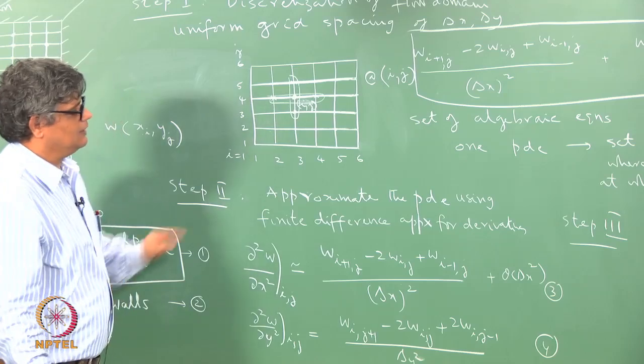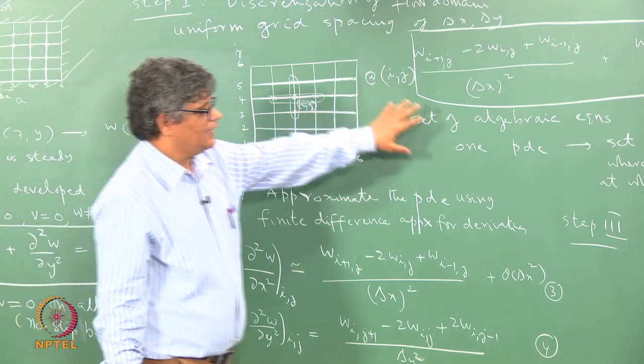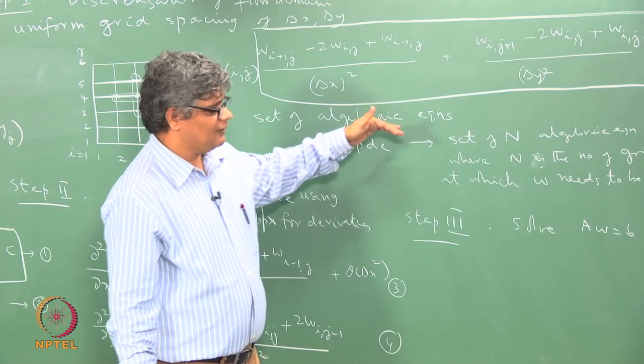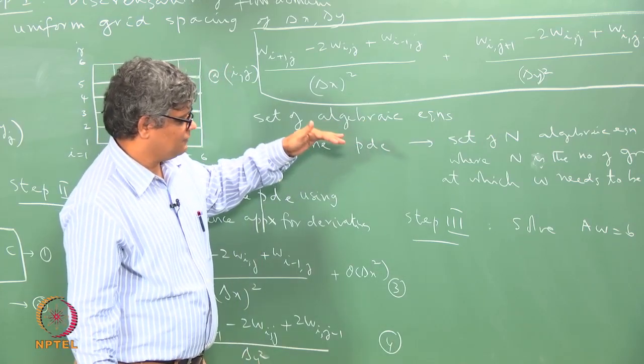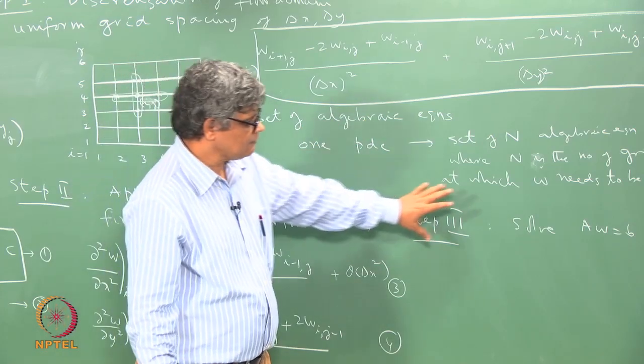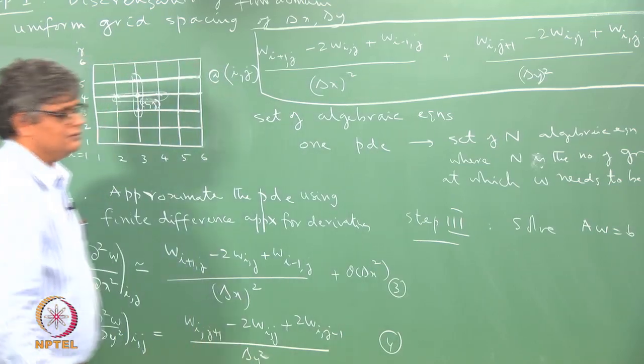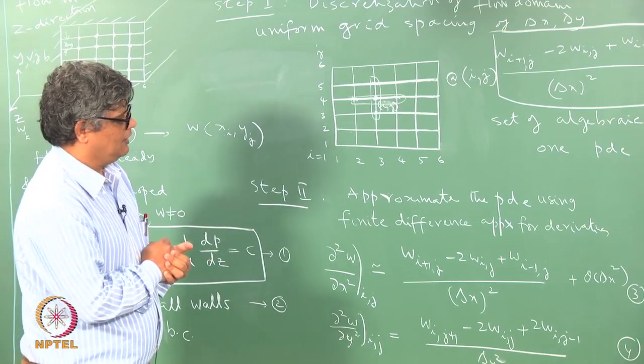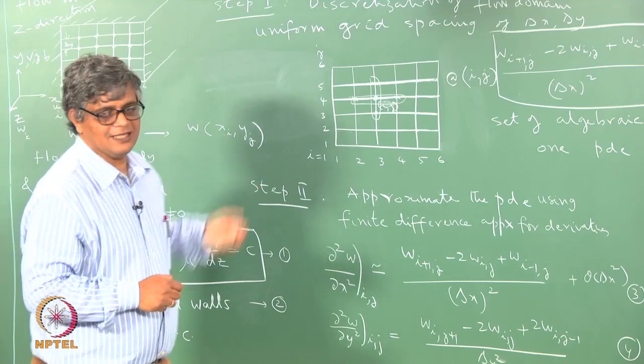These n algebraic equations will be solved in step 3 as a matrix equation, simultaneous equations, and that will give us the overall solution. So these are the 3 steps.